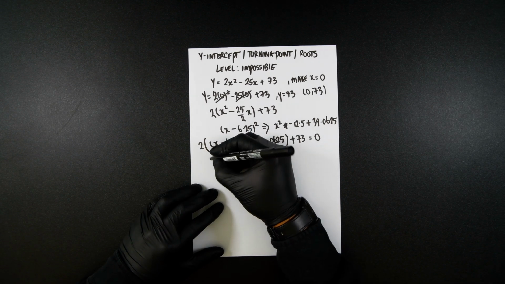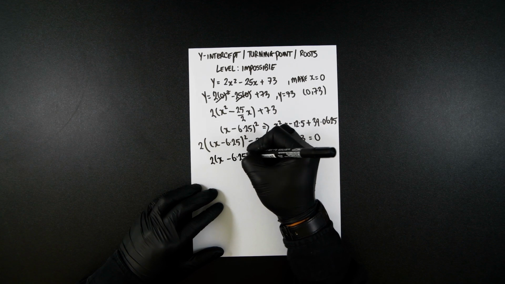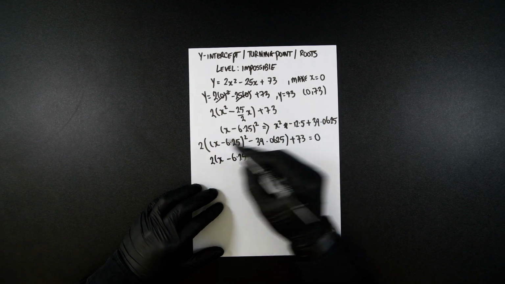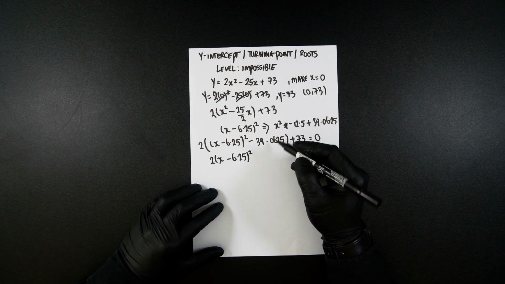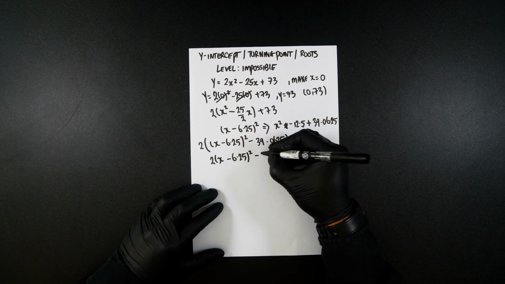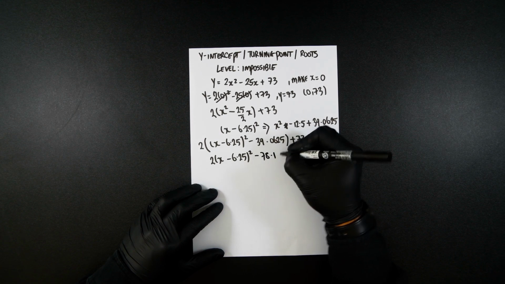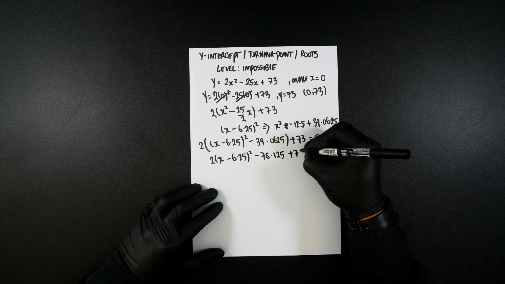So we're going to get 2 times x minus 6.25 all squared, and 2 times minus 39.0625 is going to be obviously 78.125. So we get minus 78.125. And then we have add the 73 here.